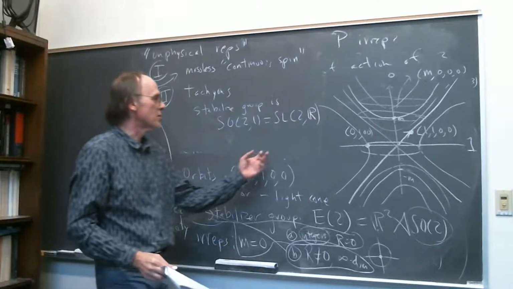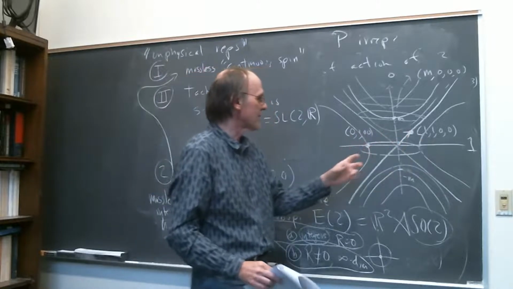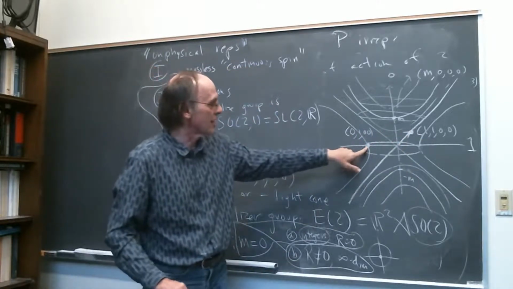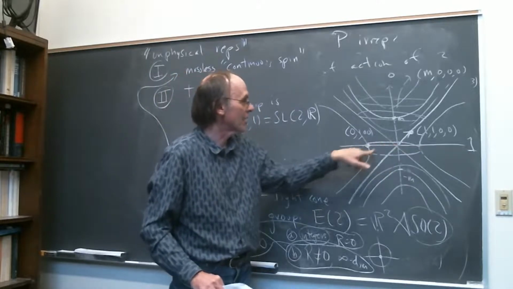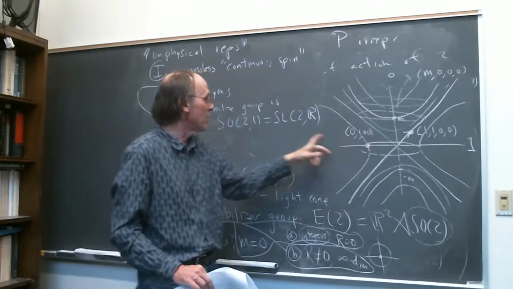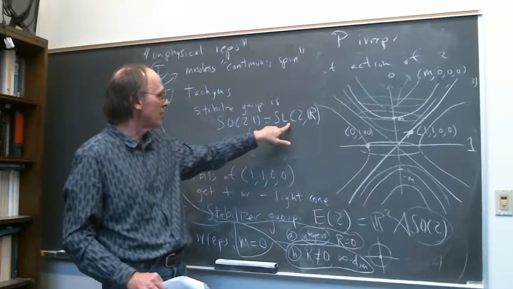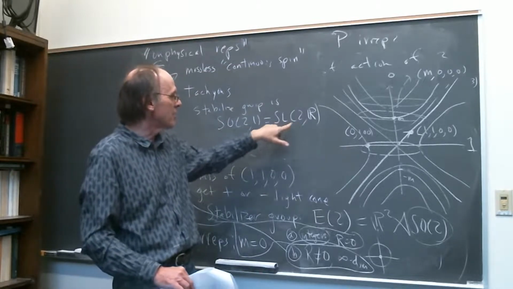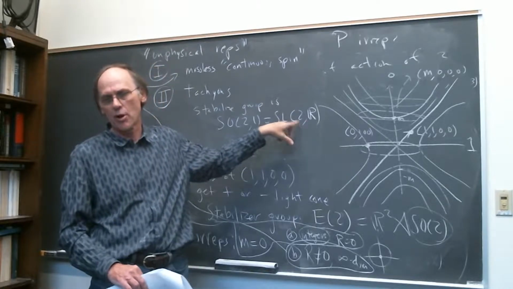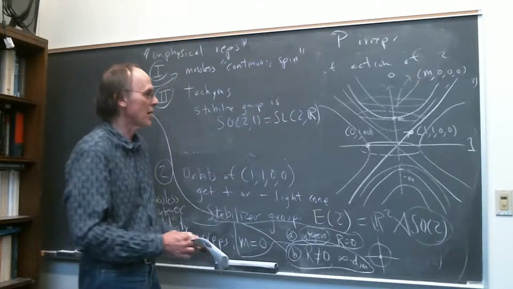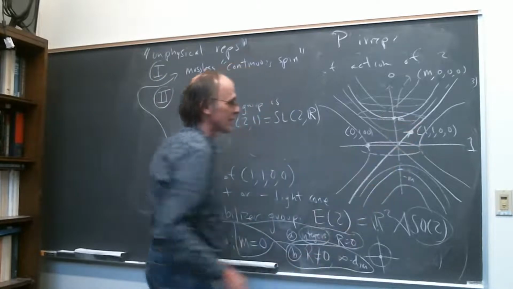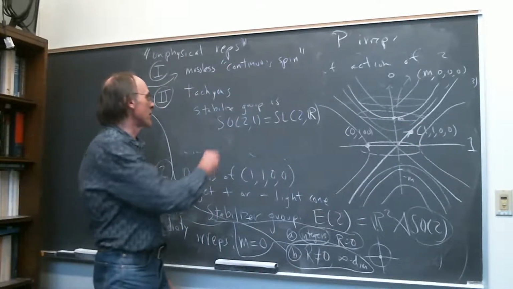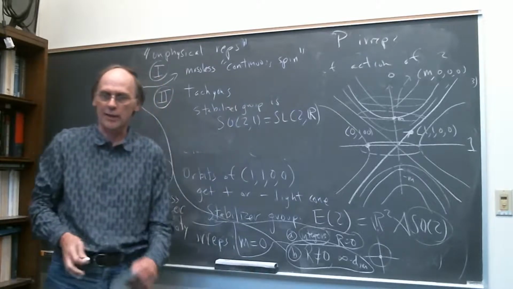So again, if you try and make sense of these, you have to associate a space-like version of the mass, and then you have to associate an irreducible representation of SL(2,R). But these unitary irreducible representations of SL(2,R) are infinite dimensional. So if you try and make sense of these tachyons, there's all sorts of interesting structure, but it doesn't seem to look anything like physics.